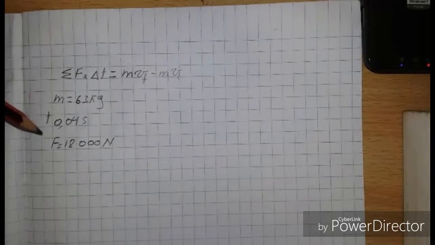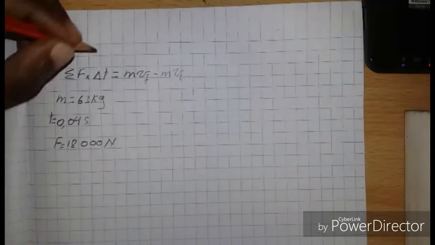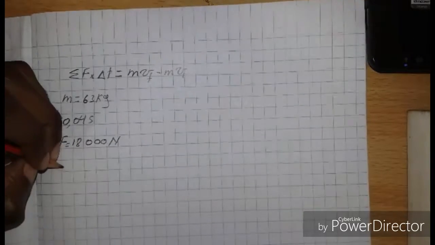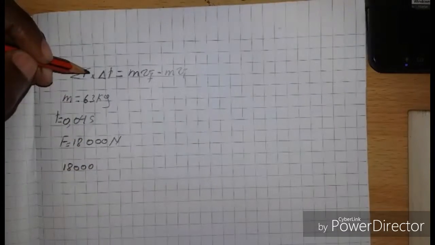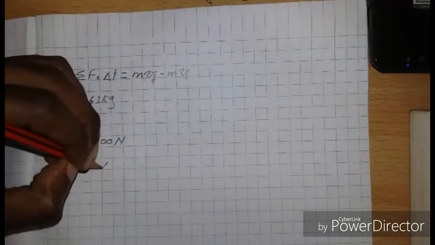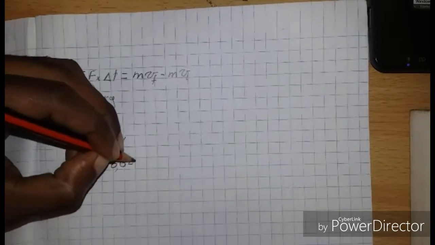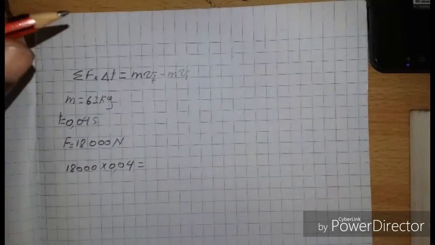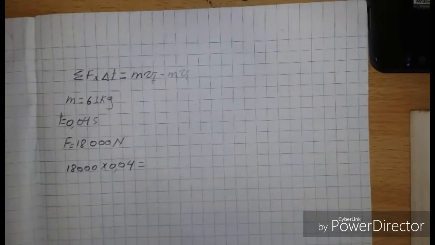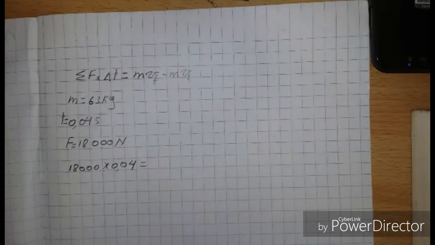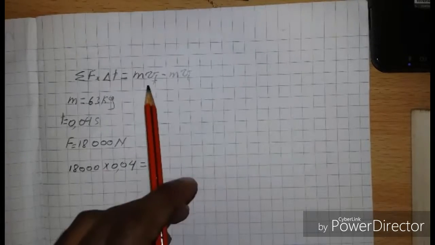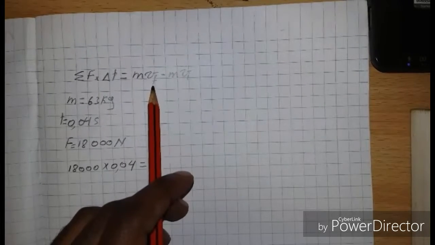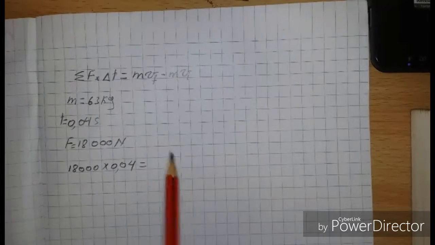Now if we put all of this in the equation, we're gonna have 18,000, which is the force that we put in there, times the time, 0.04, is equal to the mass, which is, now here, because it says the force exerted on the student when it comes to rest, which means the final velocity is 0 because the student comes to rest.